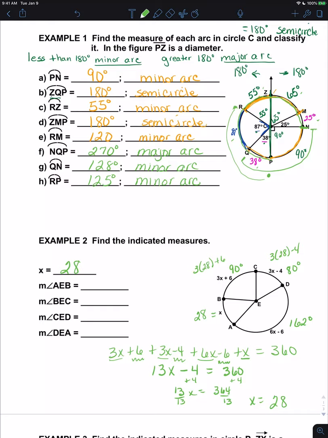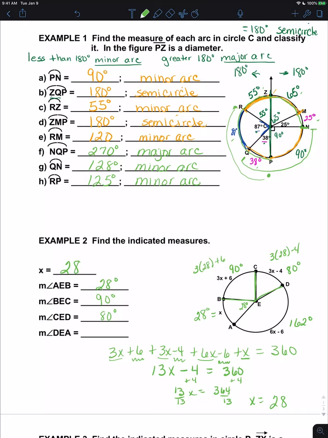Okay, so now let's go answer the questions, because it's asking for the angle measures. We know if the arcs are that measure, then those angles are going to be that measure, so we can just follow those inside. So AEB is going to be 28 degrees. B to E to C, that one is 90 degrees. CED is 80 degrees.